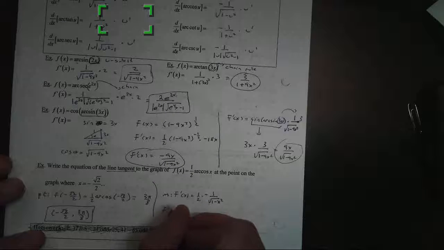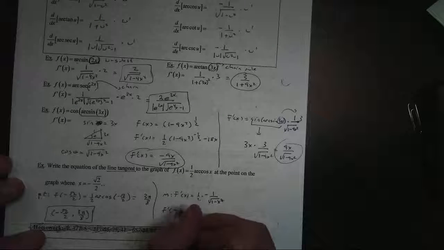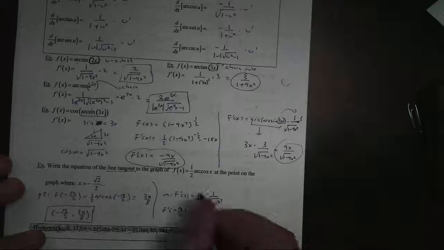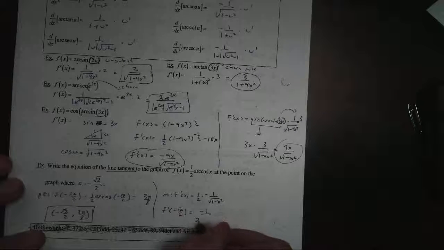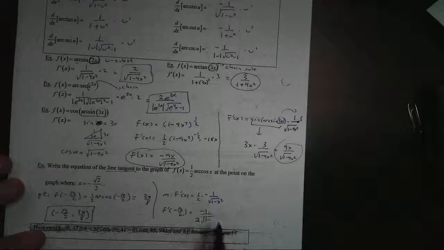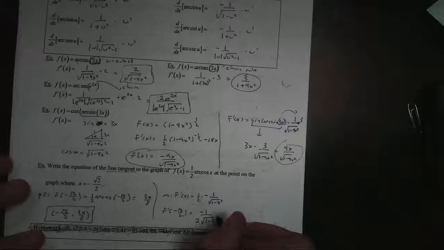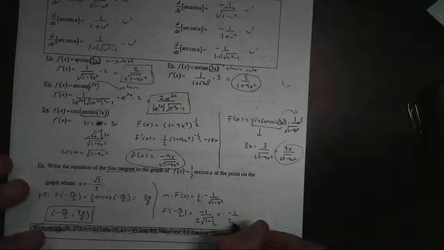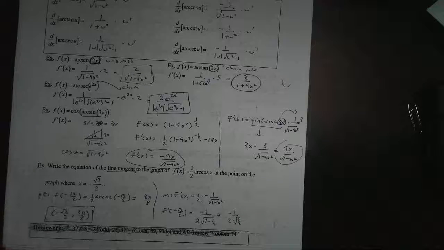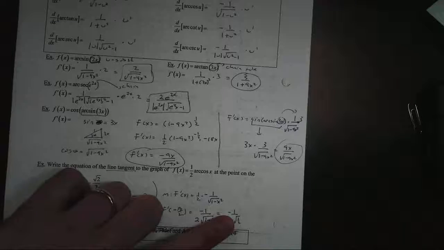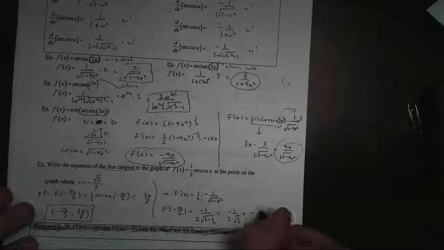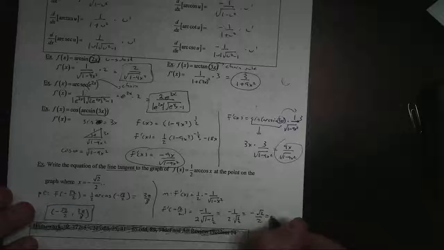So if I want to find f prime of negative root 2 over 2, if I simplify it, I get negative 1 over 2 times the square root of 1 minus, and if I plug this negative root 2 over 2 in, we get 1/2. So we get negative 1 over 2 times the square root of 1/2. Now I'm going to invert and multiply, and that's going to become negative root 2 over 2, and there's your slope.